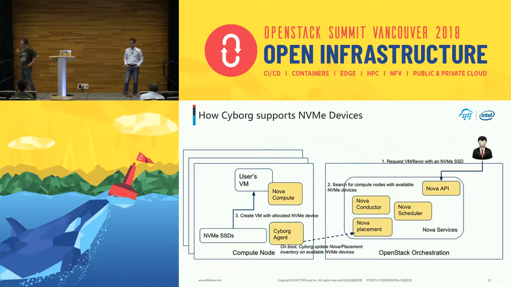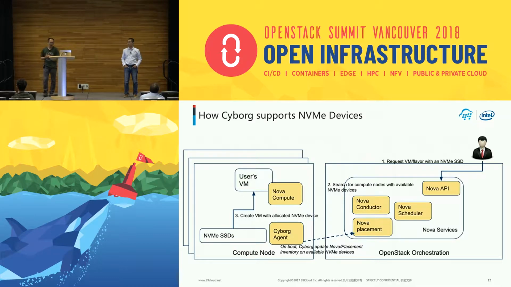Here, this diagram is specific to the NVMe devices support. It's our current design for the NVMe high-speed storage. The workflow is similar. For example, the user or the operators or even some SDK calls will call the Cyborg API to request a new virtual machine with a flavor of NVMe SSD.